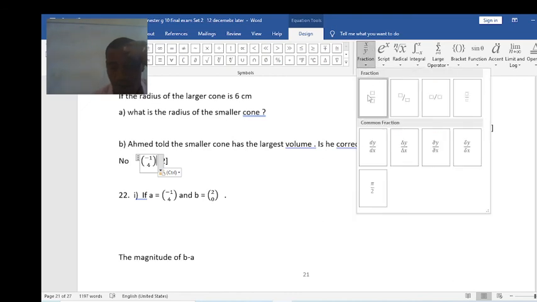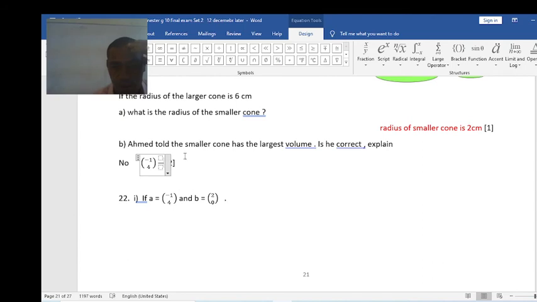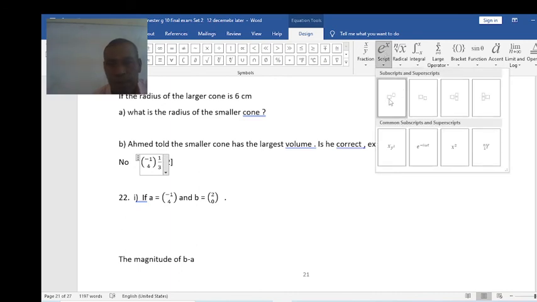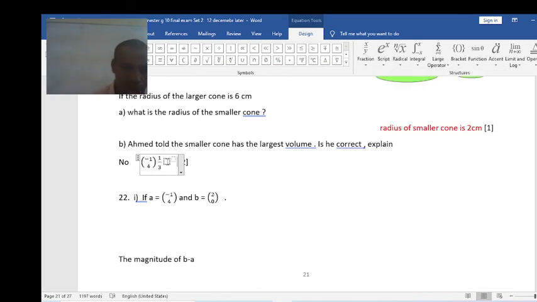I need 1/3 first, multiplied by pi, then r squared, no problem.